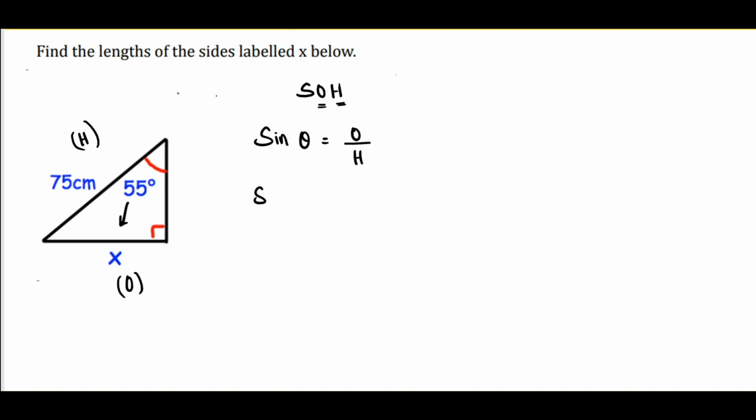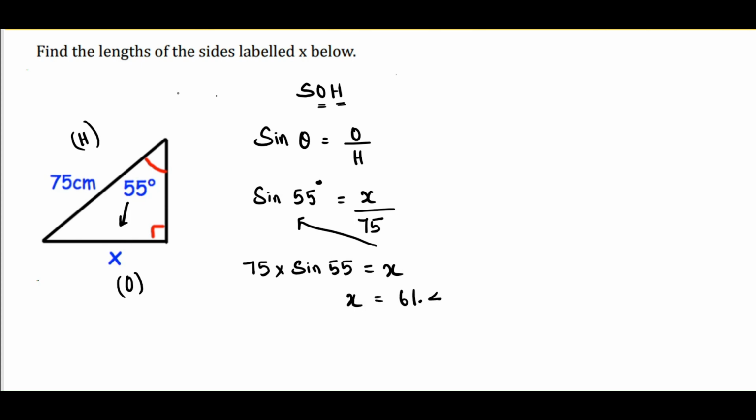So sine of 55, which is the angle size of theta, and then our opposite, which is x, and our hypotenuse, which is 75. And so we rearrange to get 75 times sine 55 is equal to x, and we get x as 61.436403332.